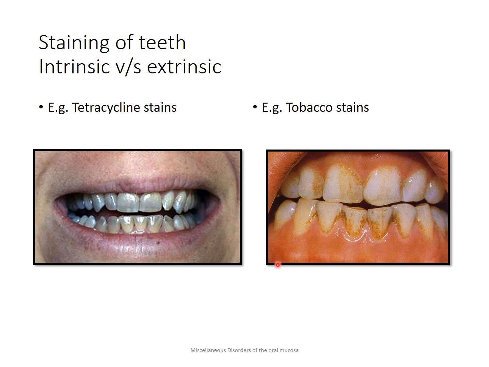So I would like to explain here that the term staining is different from pigmentation. We use the word pigmentation when we're referring to change in color or a colored lesion seen in the mucosa or on the skin, and the term staining is generally used when we're talking about staining of hard tissue structure like the teeth.